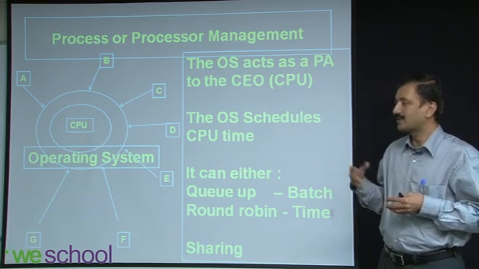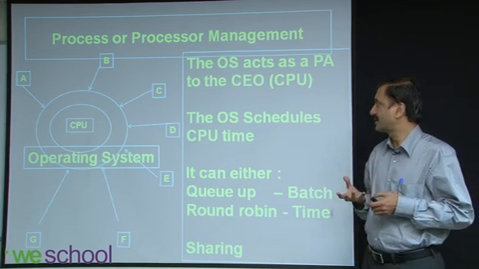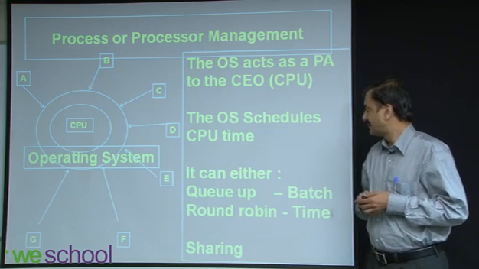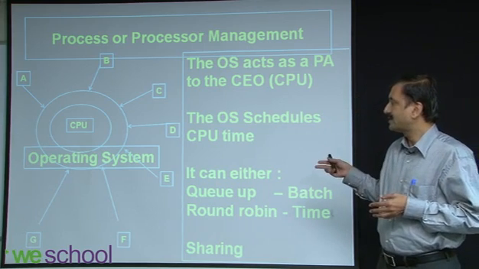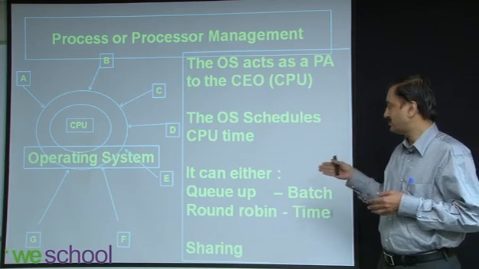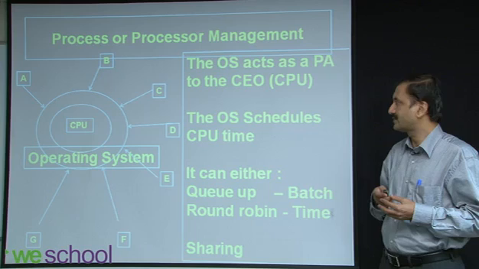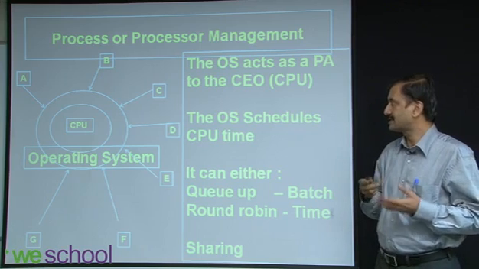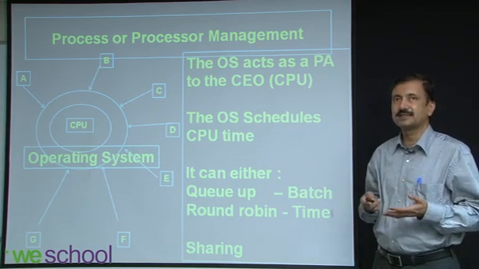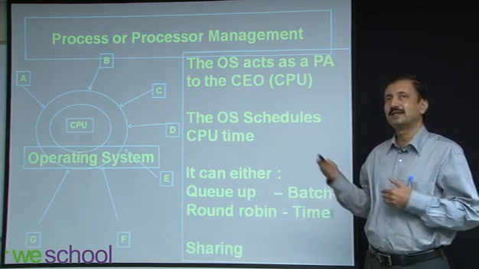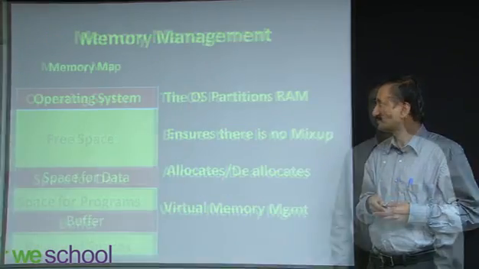So operating systems provide this feature known as time sharing. And these are two fundamentally different ways of doing it. Therefore, queuing up versus round robin. Round robin obviously is the most popular one which we now practice. So all systems today are actually multitasking systems, which can handle multiple tasks in a round robin fashion.